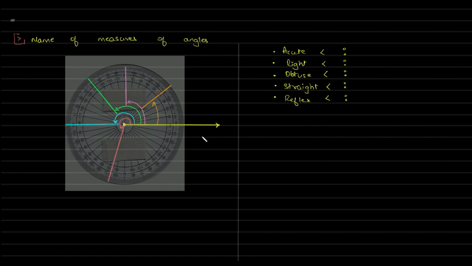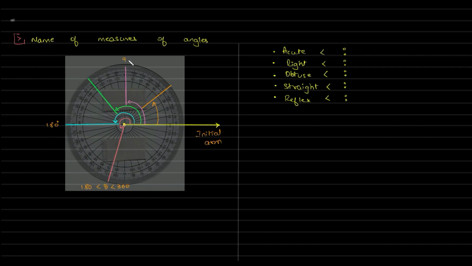So let me repeat the entire thing. If this is the initial arm, if we happen to rotate more than 180 degree, let me write it over here. If the angle happens to be more than 180 but less than 360, you have your reflex angle. If it's exactly 180 degree, it is your straight angle.